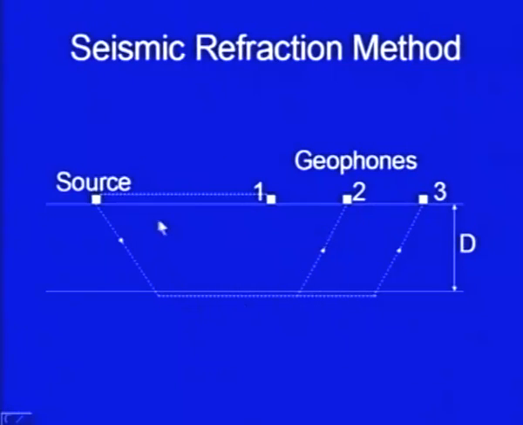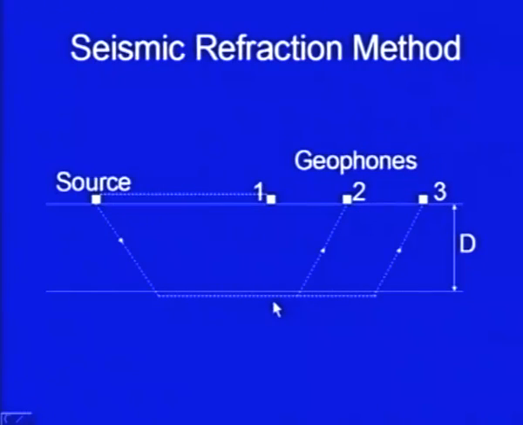So if the geophone is very close, this wave will reach this point first, whereas if the geophone is very far away, this wave will reach it first, because the distance taken by this layer also becomes very large.